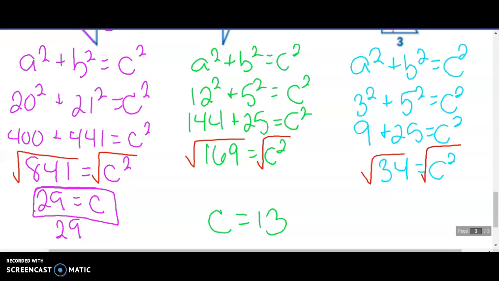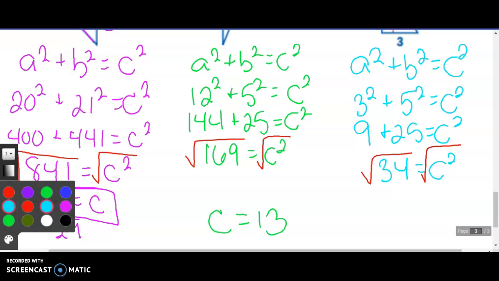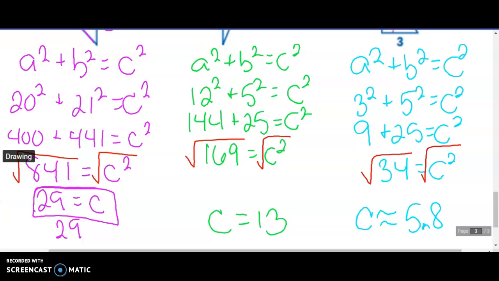We do the square root to both sides, and we're going to have to use some rounding here because it's a really long decimal. In fact, anytime you do the square root of a non-perfect square, you know it's irrational, which means it's never ending and never repeating. And so we get c is about 5.8.